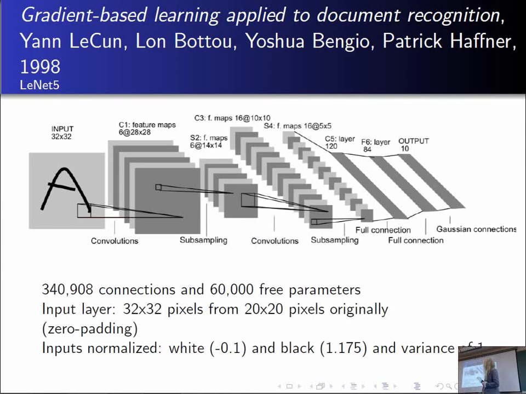So that is the model that they finally presented in their paper. They tried different models, but they came up with that model as the final step. It's LeNet-5, very well known. You can see that you have many kinds of layers. You have here convolutional layers and then pooling layers.